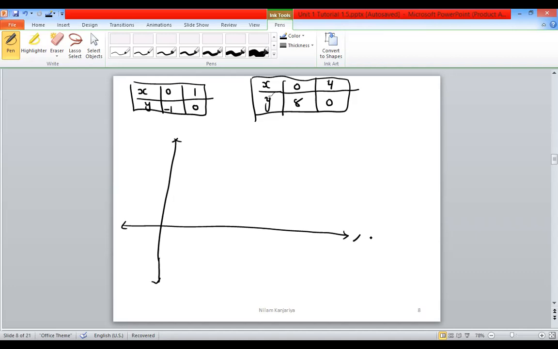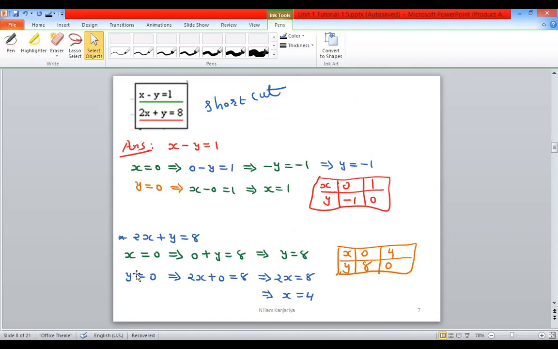This is my x-axis, this is my y-axis. Student: Ma'am, it should be minus 8. Teacher: No, it's not minus 8. Put here x is equal to 0, y is plus 8, and y is equal to 0, x is plus 4.